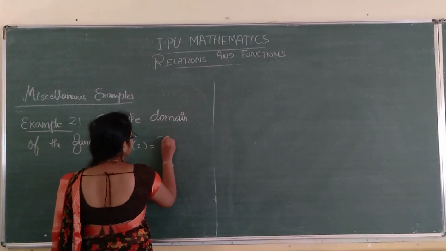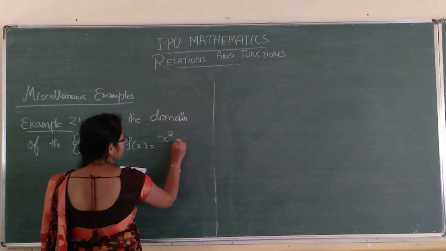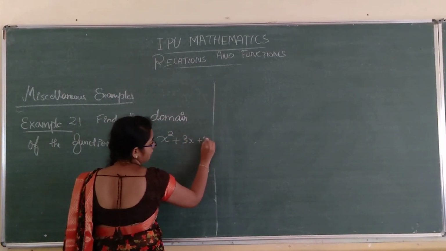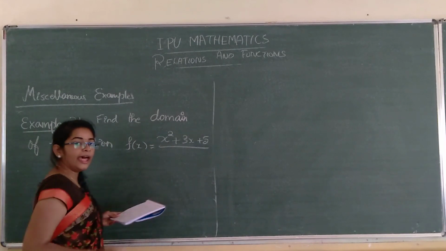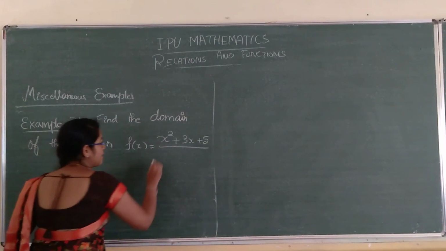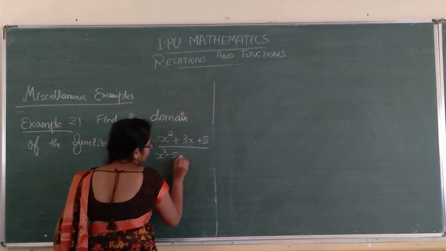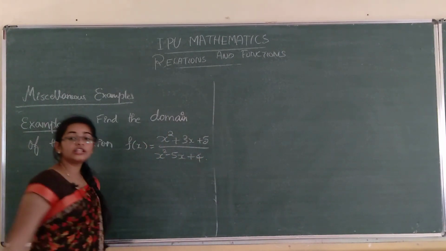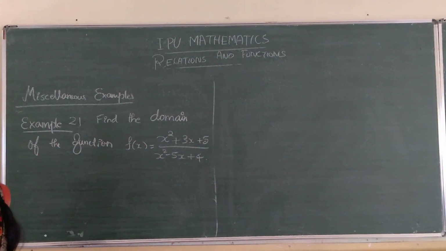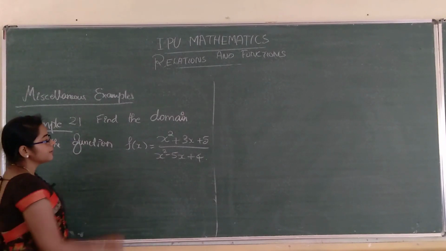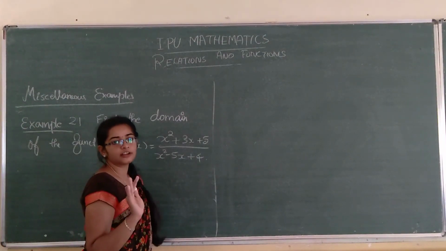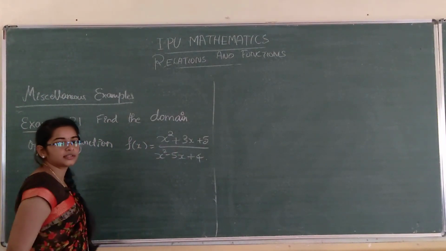In the numerator we have x square plus 3x plus 5, and in the denominator we have x square minus 5x plus 4. We need to calculate the domain of this function.